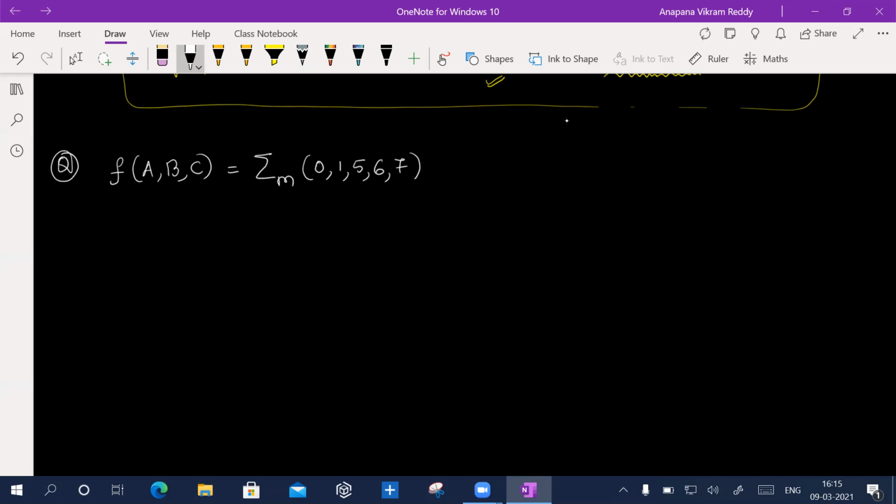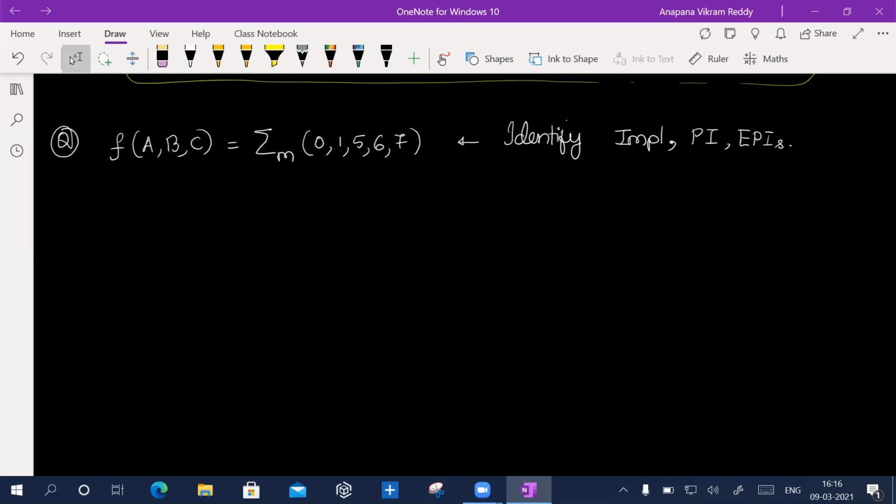Suppose I ask you to identify the number of implicants, prime implicants, and essential prime implicants. The question is simple.